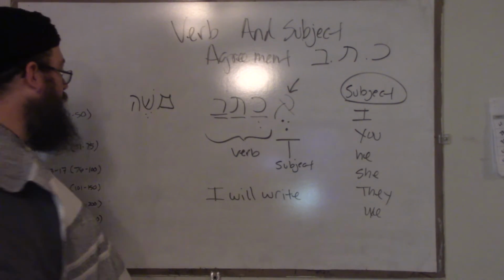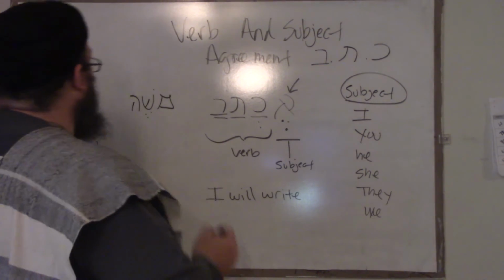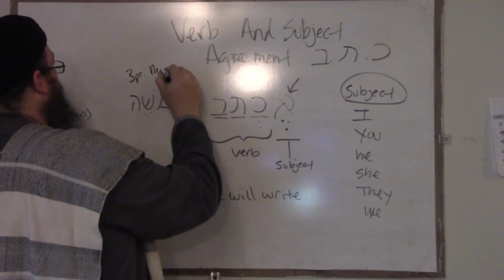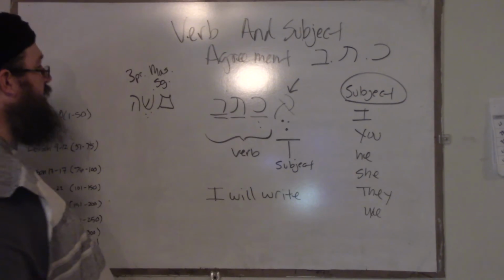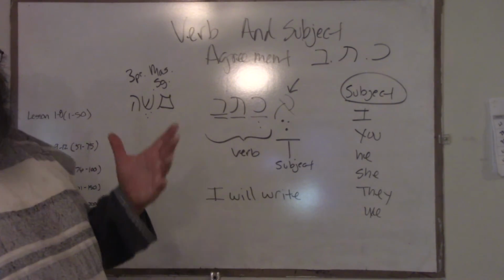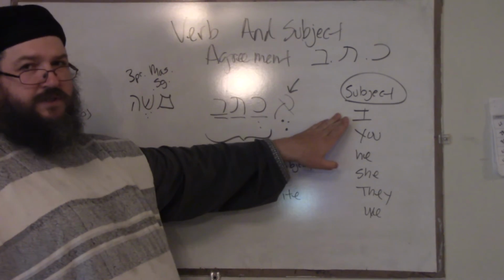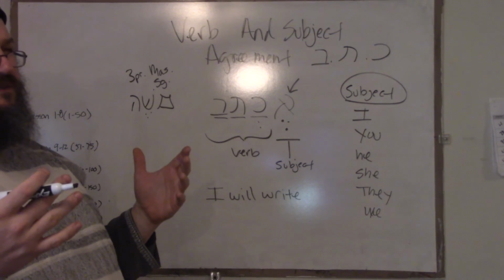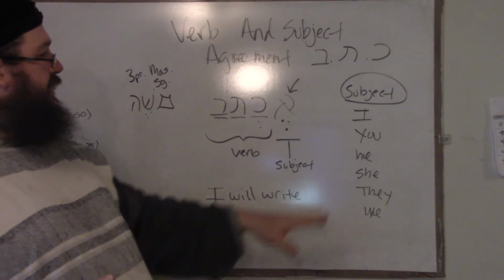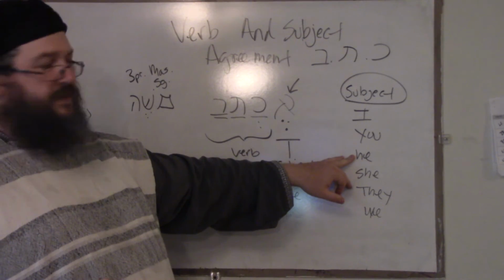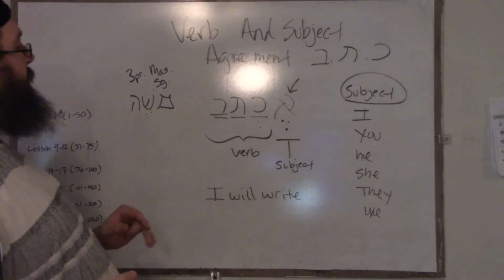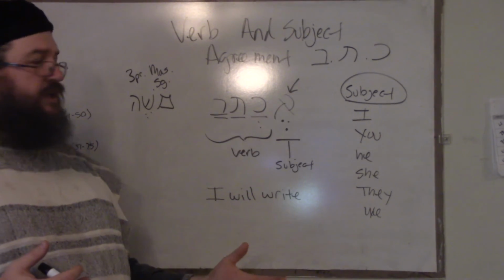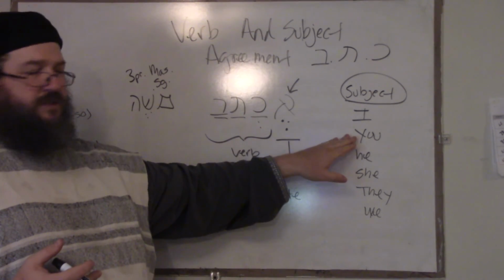So here, we're looking at the fact that Moshe is third person, masculine, and singular. If Moshe wants to speak about himself, he's going to have to use the first person, I. If Moshe speaks about himself in the third person, he's going to have to use the he form. If Moshe is the one that another person is talking to, then you're going to use the you person.